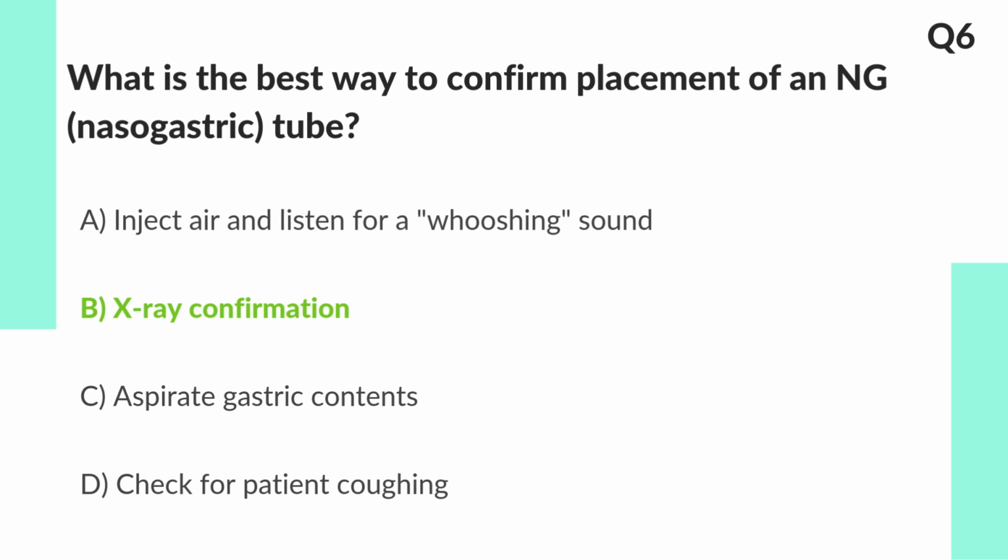The appearance of liquid is also important to note, whether it is clear or dusky or it's the color of the feed, etc. It's also important to assess the pH of the feed, I'm sorry, pH of the aspiration, and it should be acidic in nature.